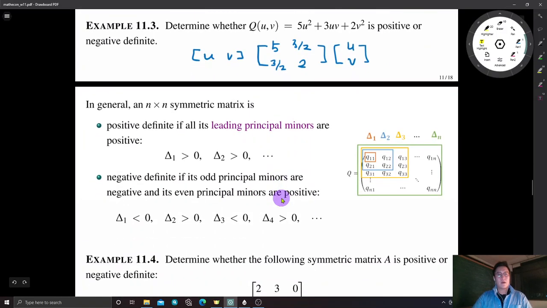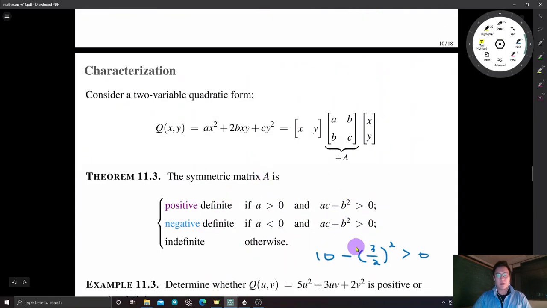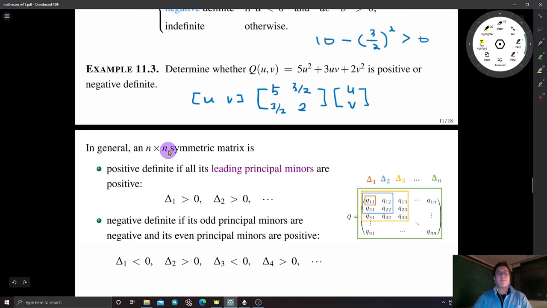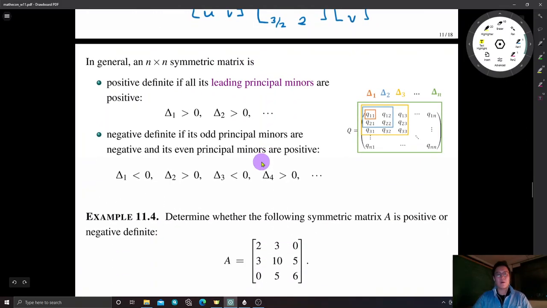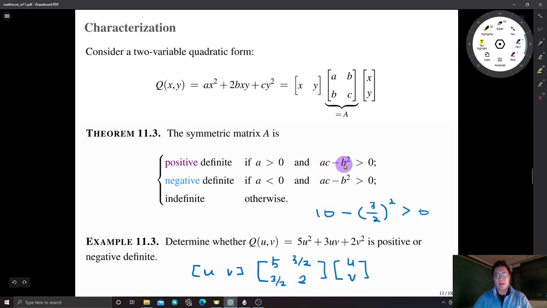All right. Okay. So now let me extend this theory to an n by n symmetric matrix. Okay. So you may observe that this AC minus B squared is the determinant of this 2 by 2 matrix. Okay. So A is this first entry.